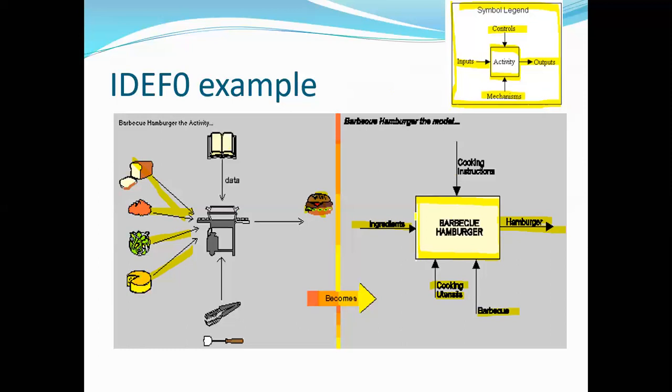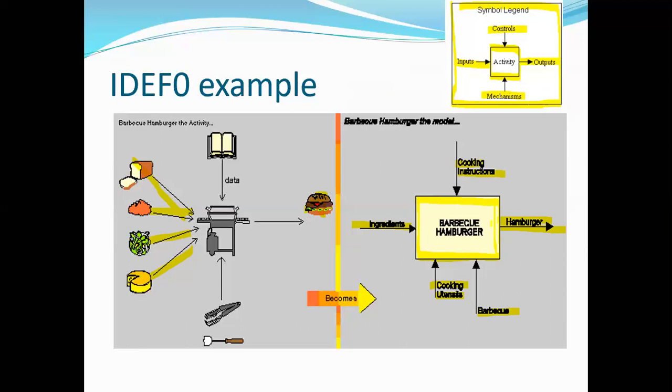And then when we carry out the cooking process of the hamburger, we follow the recipe or the cooking instruction: how to use the machine, how long we need to bake the meat, how we cut the vegetables, and so on.